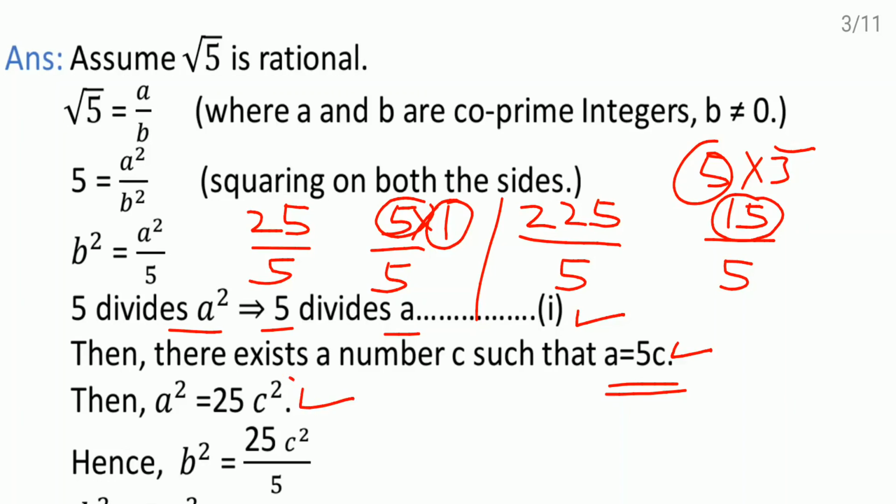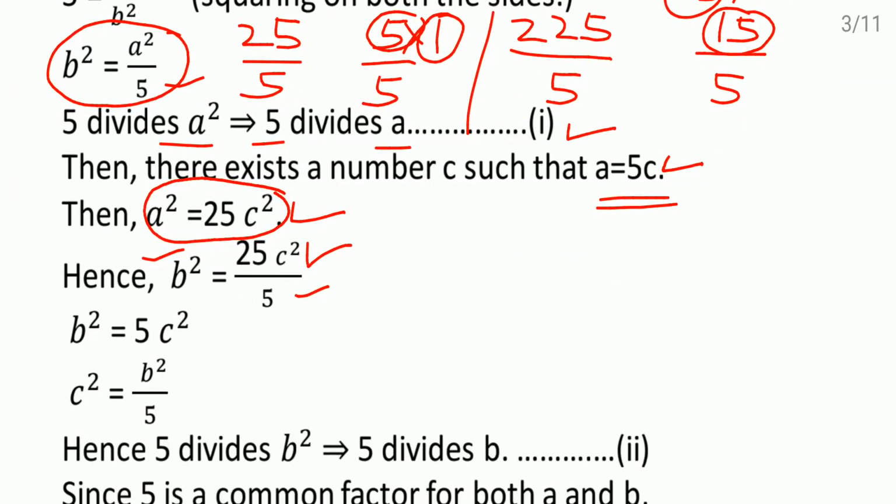This value of a square I will substitute in this one. See here, b square as it is, instead of a square we have written 25c square, divided by 5. Okay. Now you see, I will just cancel the 5s. So here we got b square equal to 5c square. Correct.